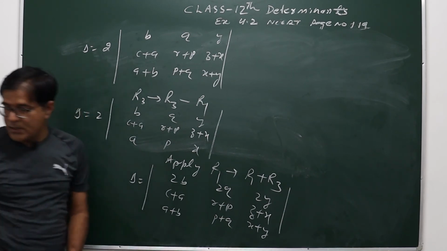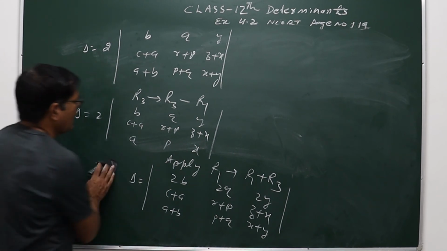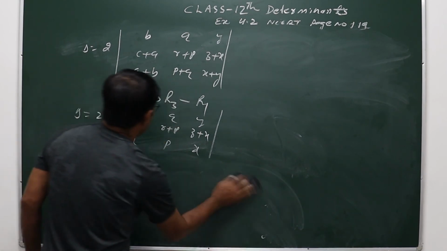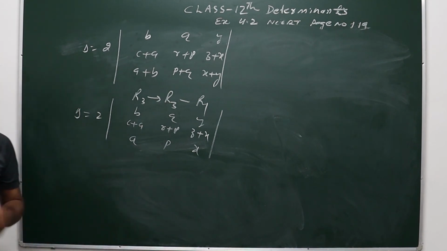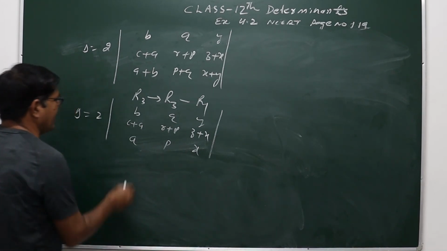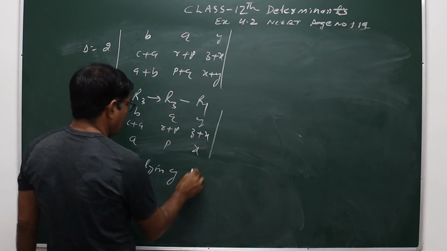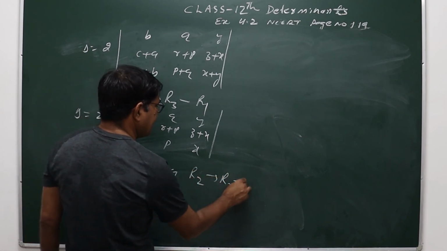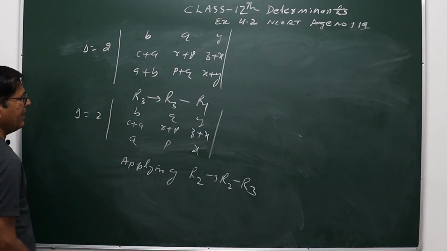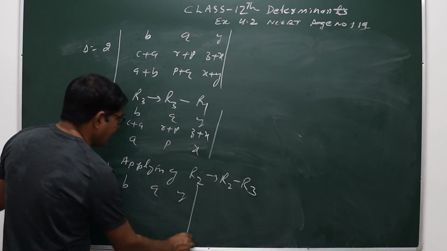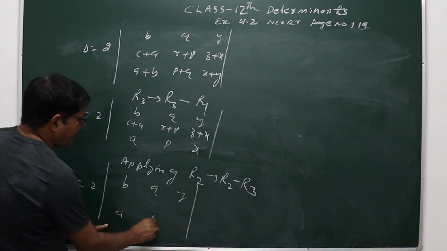So now next, what do we have to bring in the second row? We have to bring C, R, Z in the second row. So what will we do now? If I subtract R3 from R2, now applying R2 tends to R2 minus R3, then the determinant will be twice as it is B, Q, Y, third row A, P, X as it is.